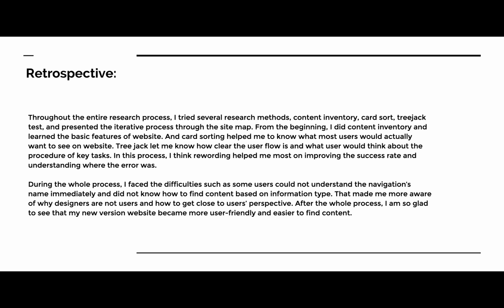TreeJack let me know how clear the user flow is and what difficulties they would face in the procedure. In this process, I think the most rewarding change was to combine the categories support and contact us and change the name into support us, which is the most significant change and improved the success rate a lot.